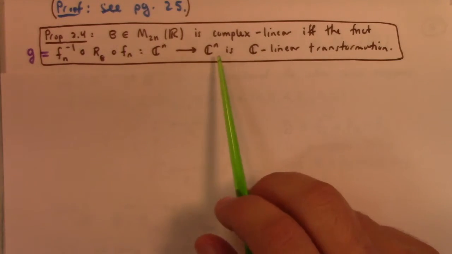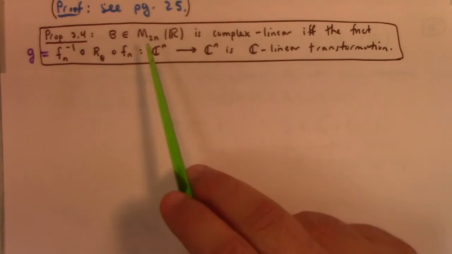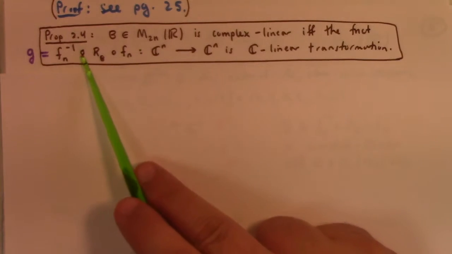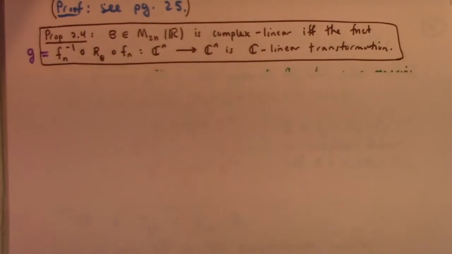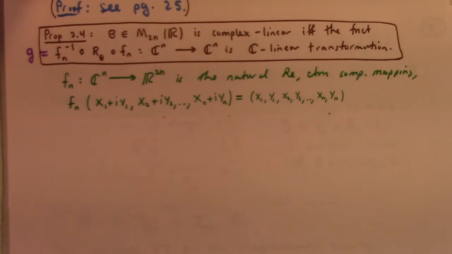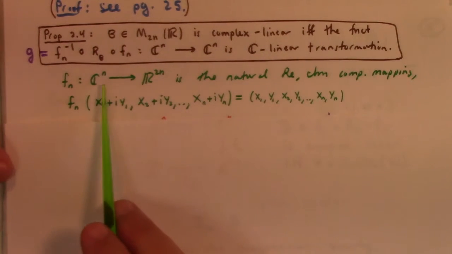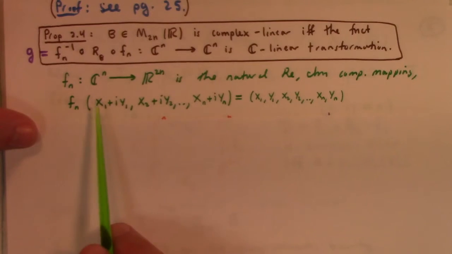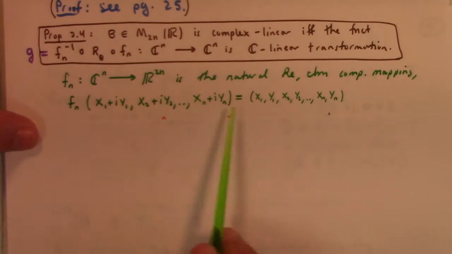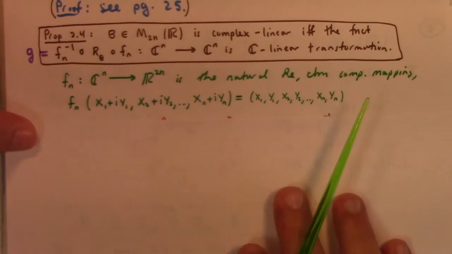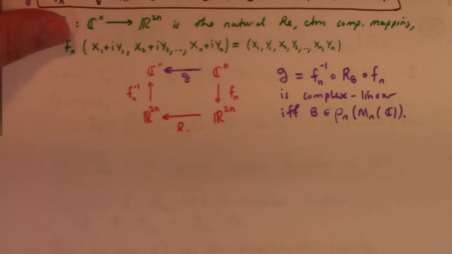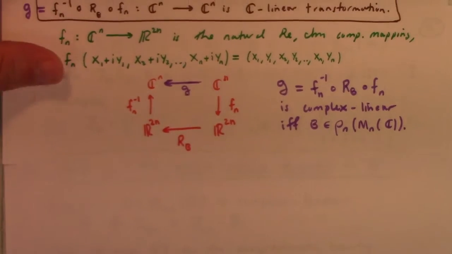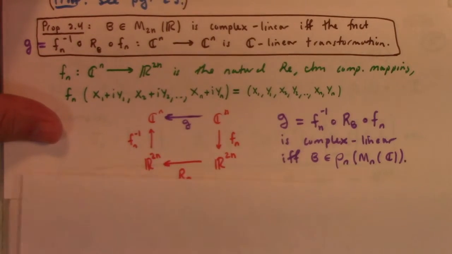So this is complex linear if and only if the function induced from it in this way is a C-linear transformation. Let's look at the diagram here. Here the Fn is the natural correspondence between Cn and R2n, which is just formed from stringing out the real and imaginary parts like so. Here's the diagram.